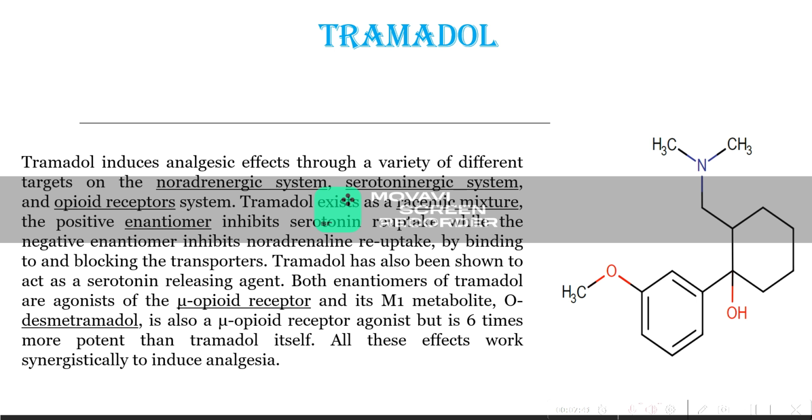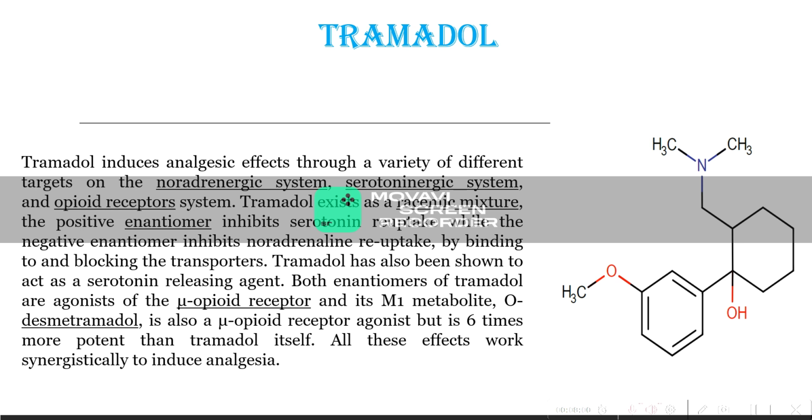Another commonly used drug is tramadol. This is the structure of tramadol. Tramadol induces its analgesic effect through a variety of different targets on the noradrenergic system, serotonergic system, and opioid receptor system.